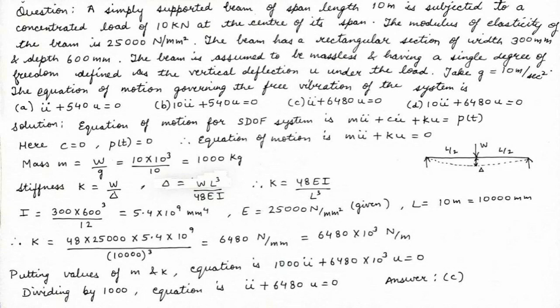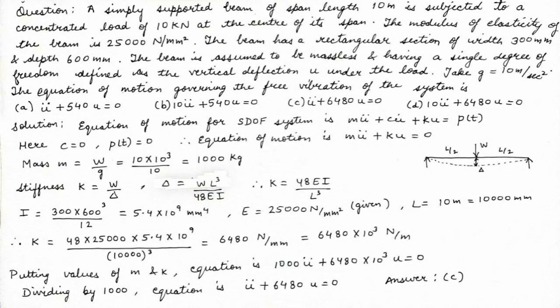If we do not remember this formula, then we have to go to strength of materials, the chapter of slope and deflection of beams, and derive this formula from there using any of the standard methods like Macaulay method, double integration method, area moment method, etc. Here the value of k will be W by delta, that is 48 EI by L cube.